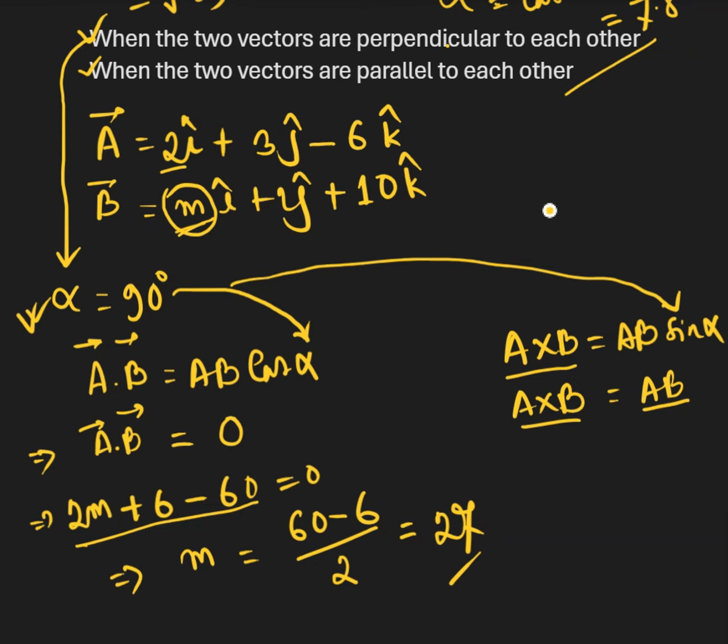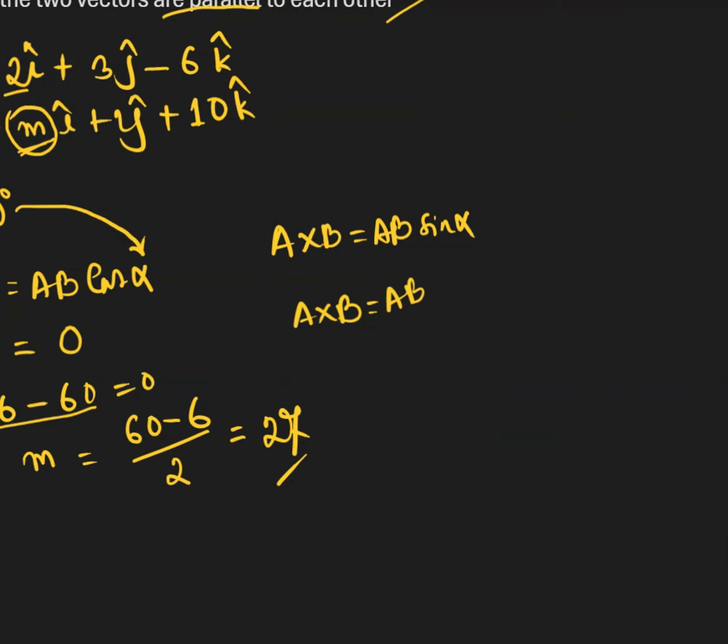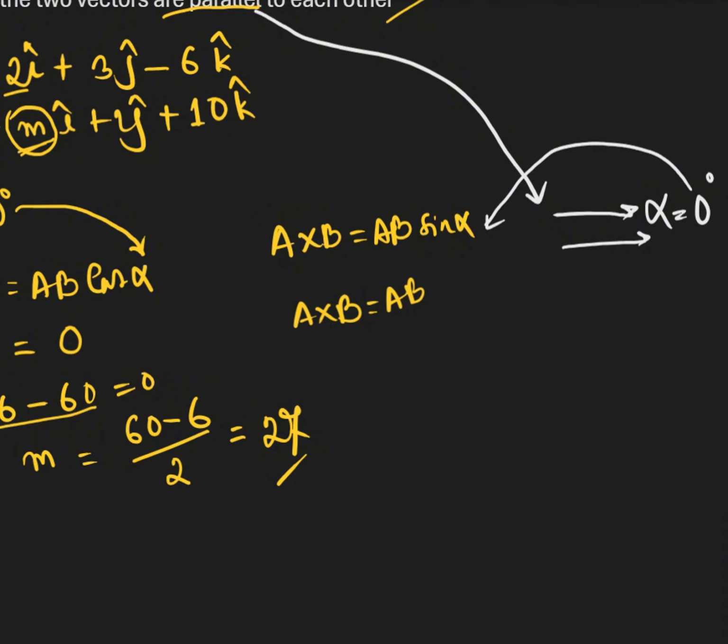But if it says these two vectors are parallel, then how can we solve the problem? The condition says we have to solve this problem when the two vectors are parallel. It means alpha is equal to 0 degrees, right? Indeed, if you plug in the value of 0 here, then it will become 0. So this will become 0.